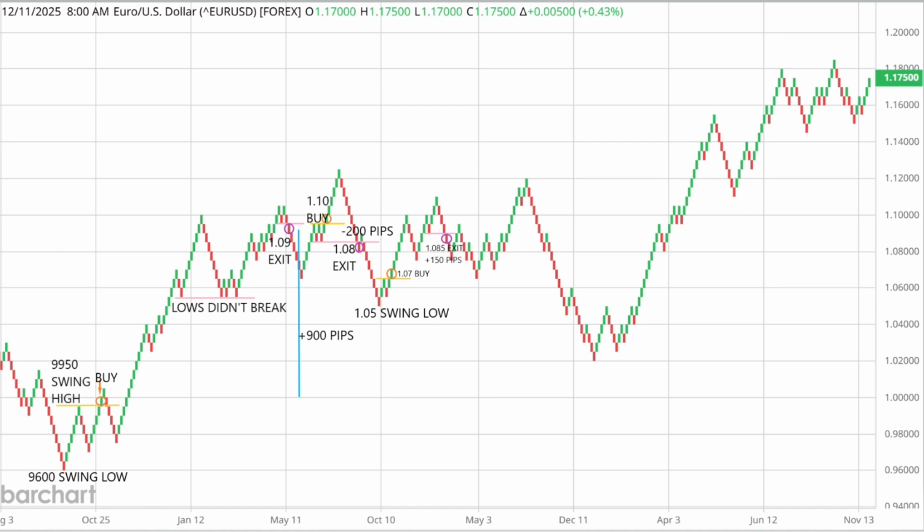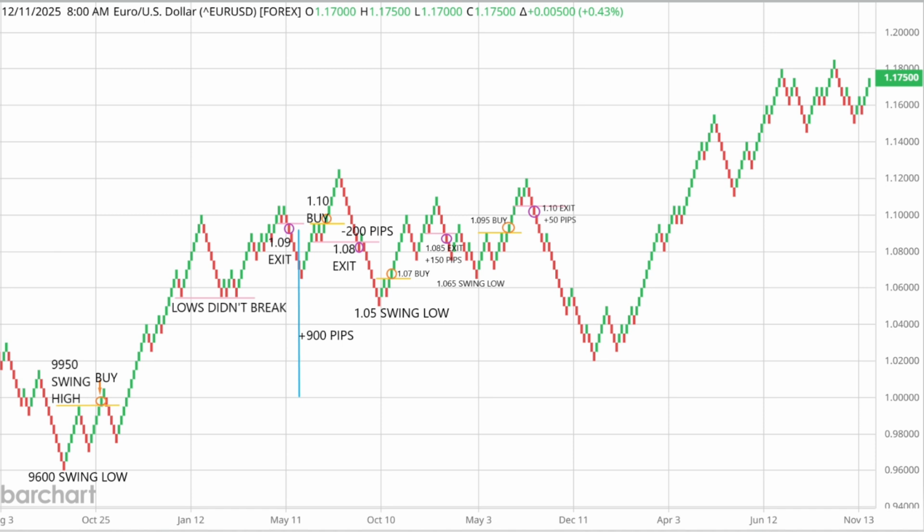We continue forward. Another swing low forms near 1.065 with a swing high around 1.09. When price closes above, we enter at 1.095. Price later breaks below the swing low near 1.105 and we exit at 1.1. This trade captures about 50 pips.